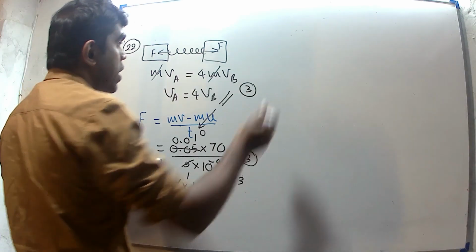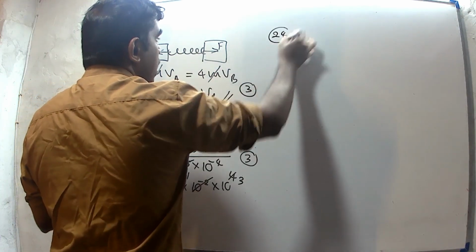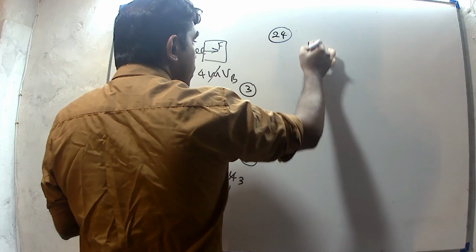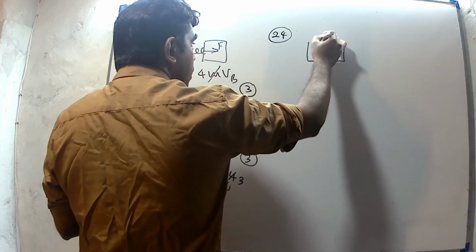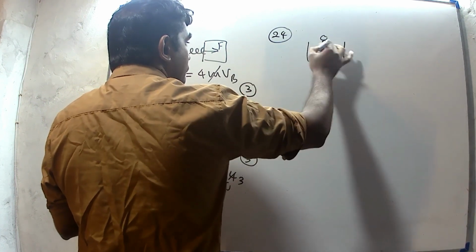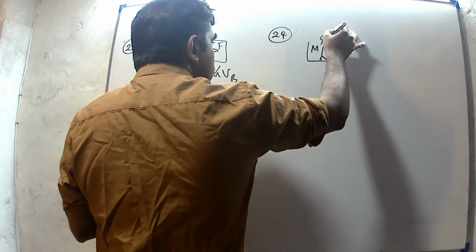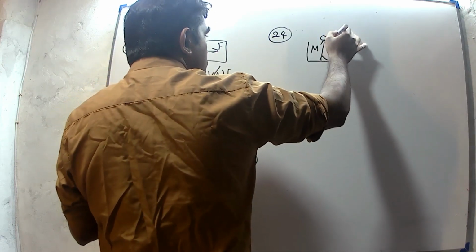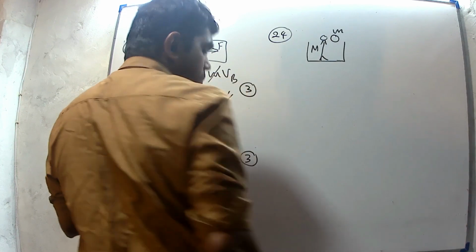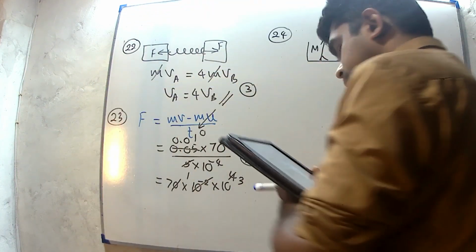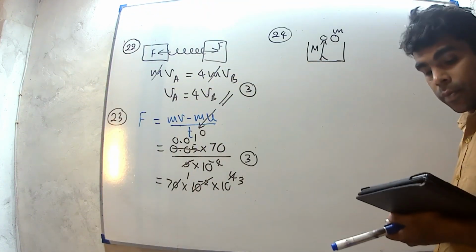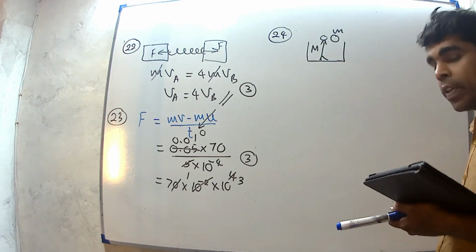For the first situation, I will consider trolley A, mass capital M, and the ball is in the trolley before throwing the ball.